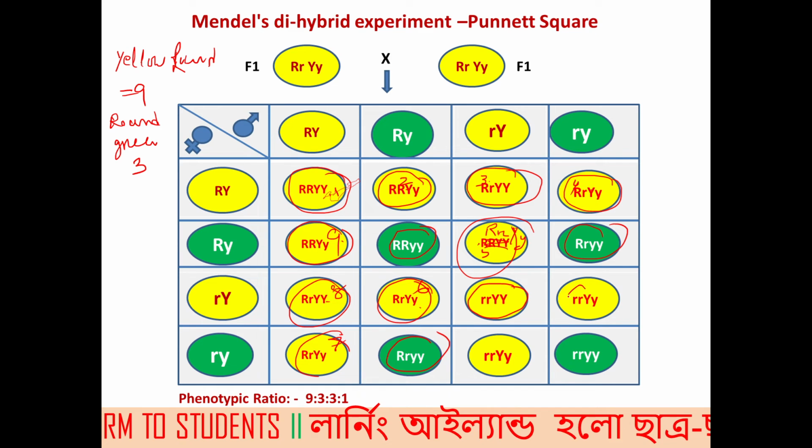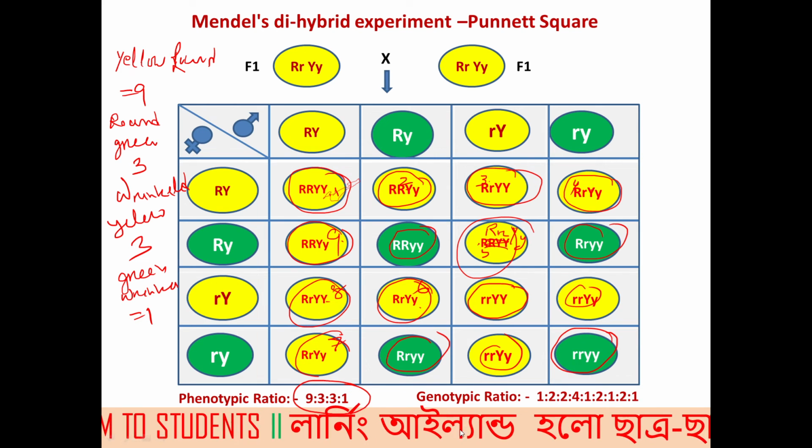So wrinkled yellow are 3, and 1 is left. This is green and wrinkled. So green wrinkled equal to 1. So these are the phenotypic ratio. So this is, you can say, 9:3:3:1.